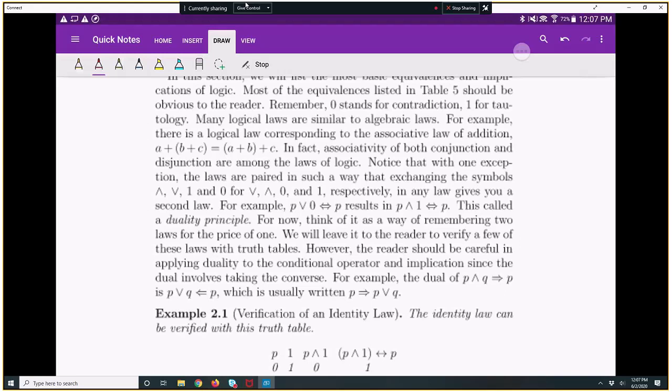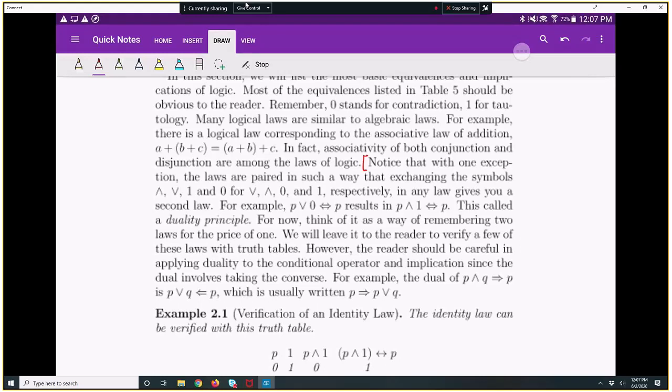And what it says here is that, notice that with one exception, the laws are paired in such a way that exchanging the symbols conjunction, disjunction, true, false, for disjunction, conjunction, false, true, respectively, in any law will give you a second law.